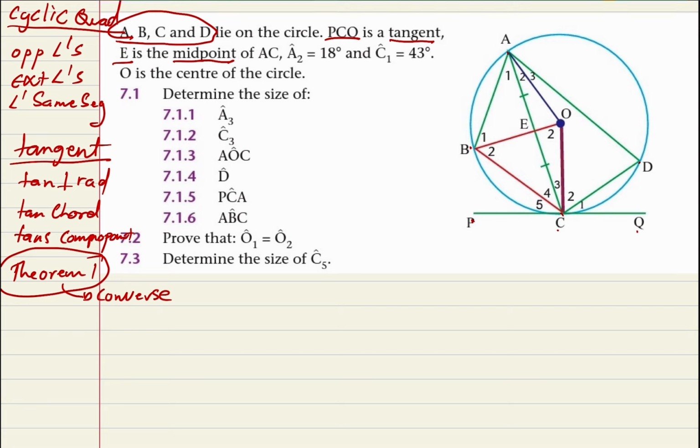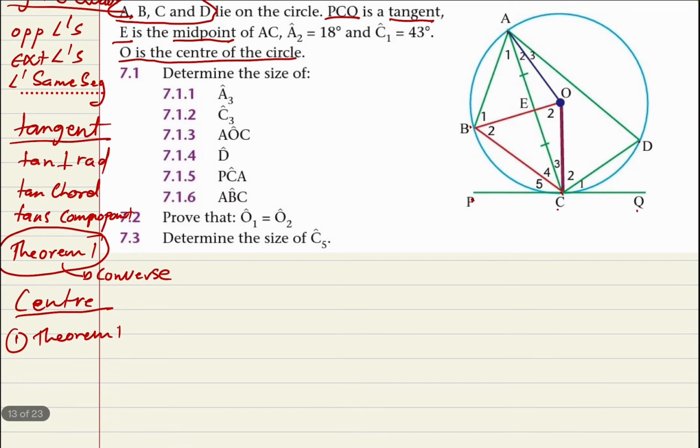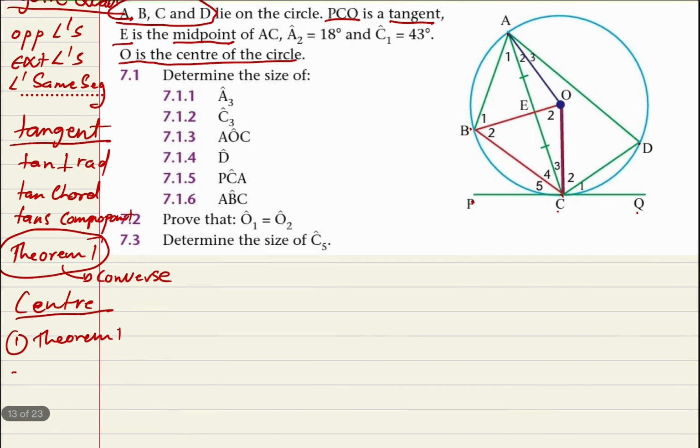Okay, then they told us about the angle, and then now they continue and say O is the what? Center. So you write here center. Since it's the center, you know that we have theorem 1, a line from the center perpendicular to the chord, or to the midpoint of a chord.